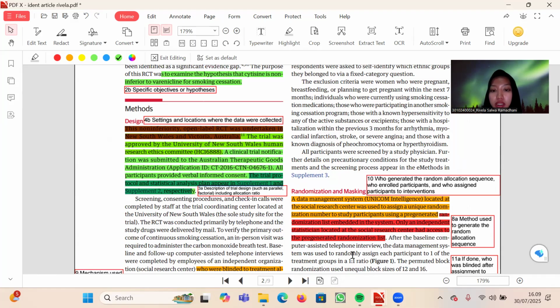Only an independent statistician located at the Social Research Centre had access to the pre-generated randomization list.